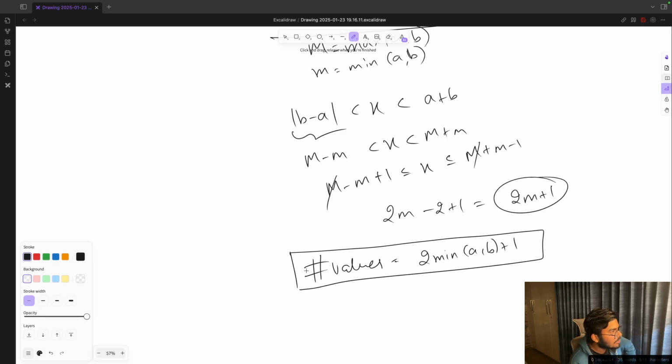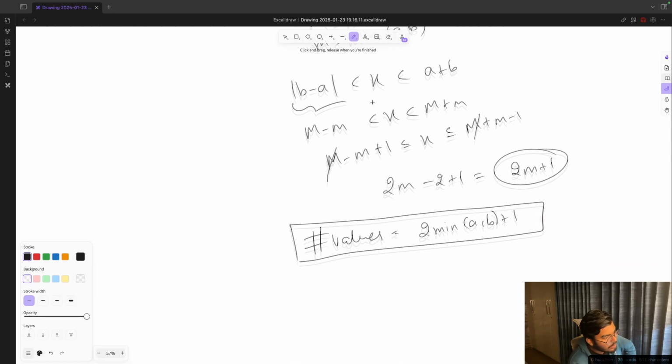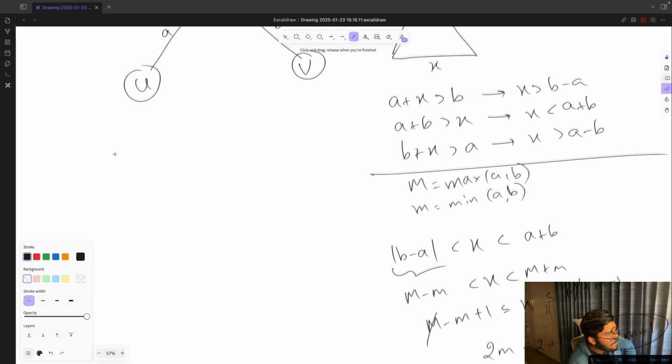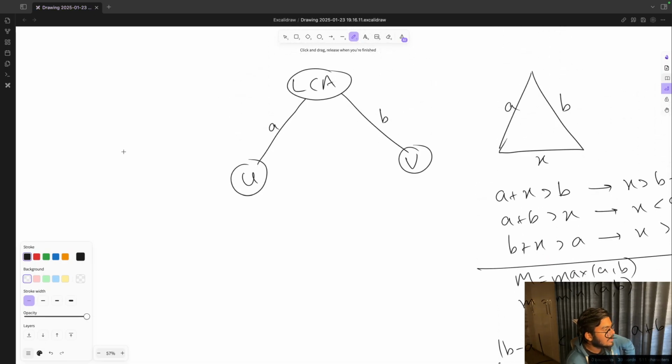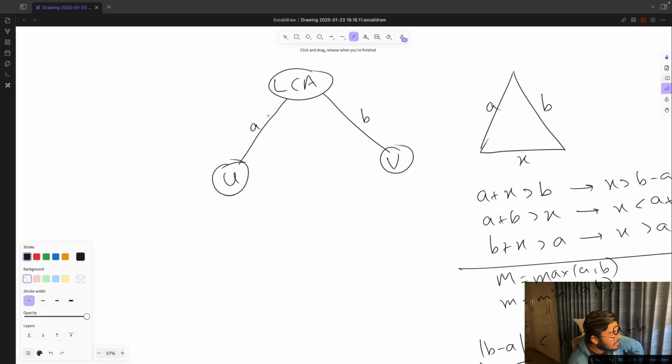So we have this equation: if you are given two sides A and B, the total number of possible values is simply this. Now, what can we do about it? This is if you are given A and B.